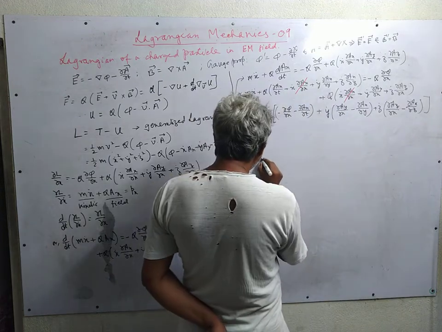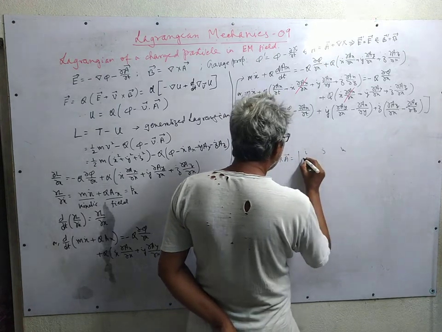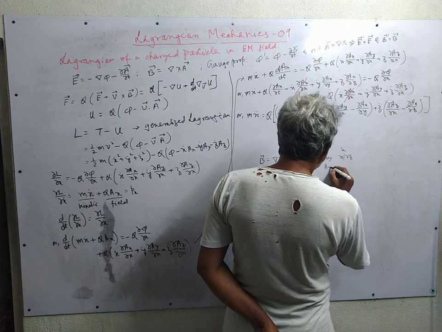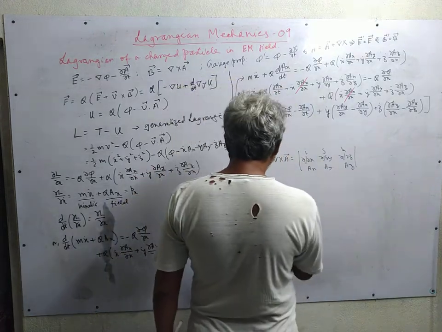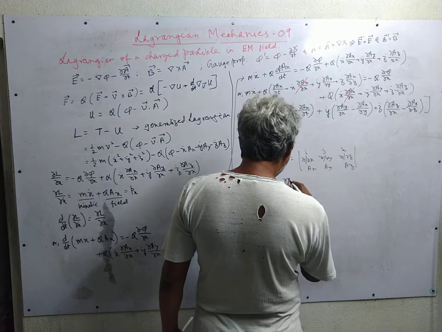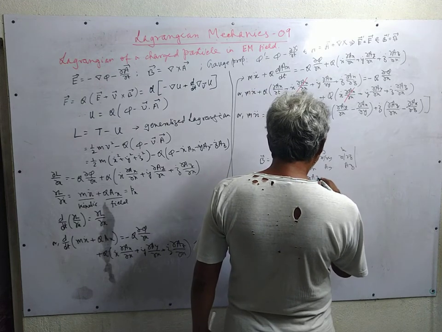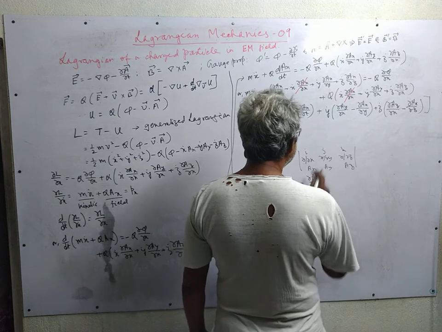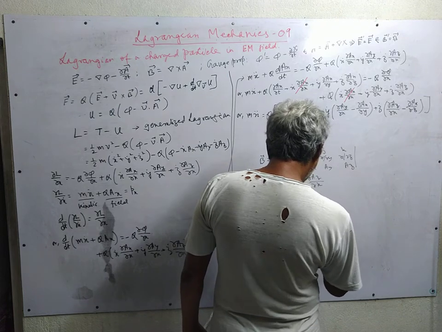Recall that B is equal to curl of A. This is equal to the determinant with i, j, k, del x, del y, del z, Ax, Ay, Az. So By is del Ax del z minus del Az del x, and Bz is equal to del Ay del x minus del Ax del y.